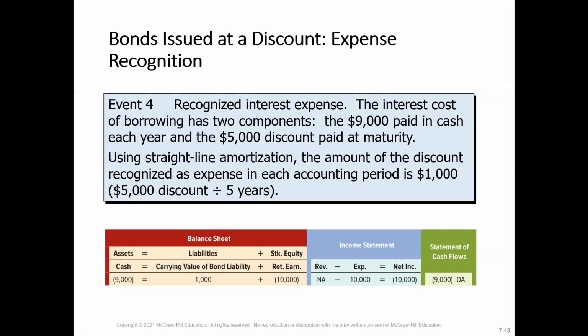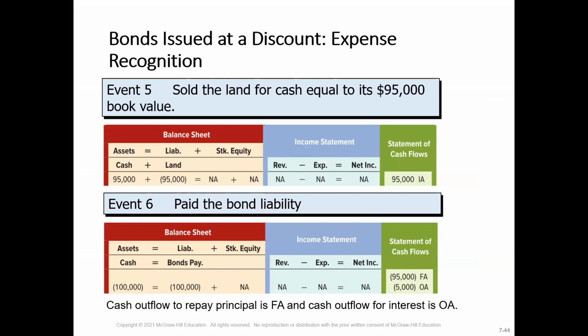And then year 5, the land gets sold equal to its book value, and we pay our bond liability off. So remember, we only received $95,000 for our bonds, but we have to pay $100,000 to our bond holders because those bonds were issued at a discount. So to the bond holders, that's when they receive an additional $5,000 of interest income at maturity.